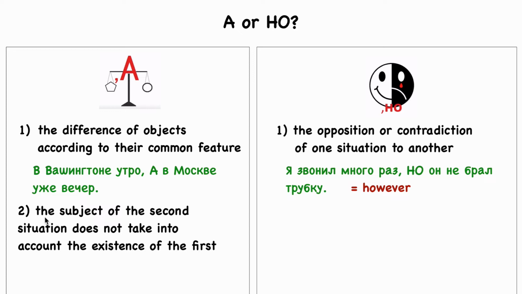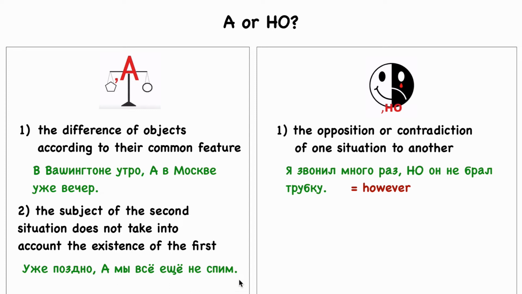Use conjunction "а" to show that the subject of the second situation does not take into account the existence of the first situation. For example, уже поздно, а мы все еще не спим. The situation number one: it's already late.